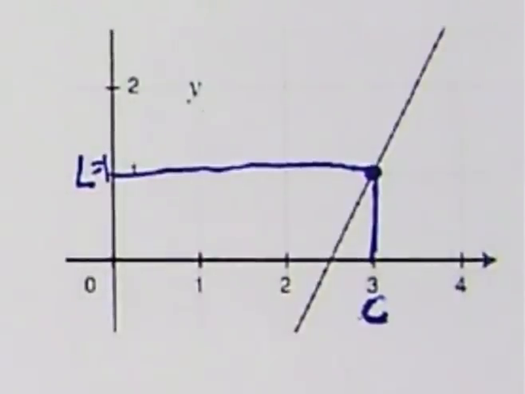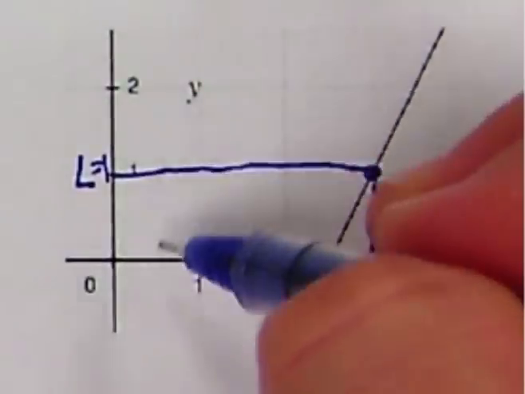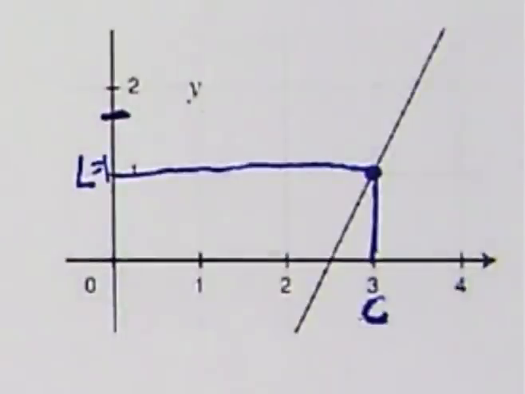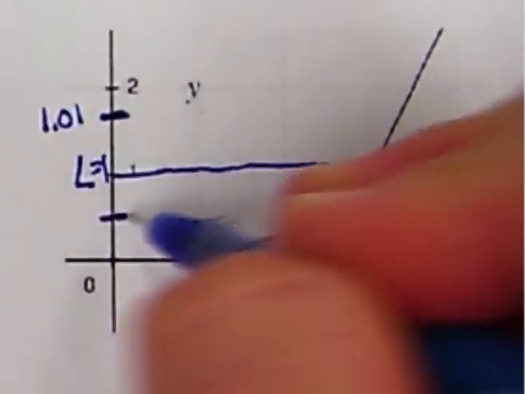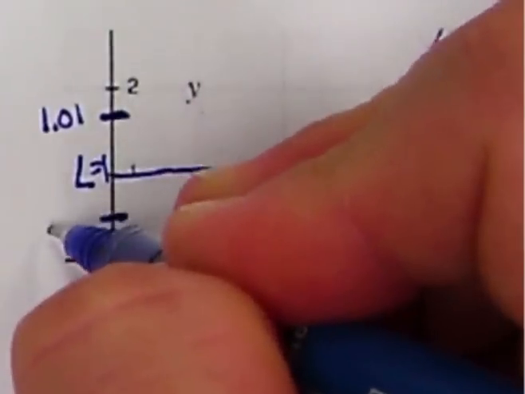And we're going to prove that, pardon my stretching of the range here, but we're going to put our L plus epsilon right here, which would be 1.01, and our L minus epsilon here, which is 0.99.